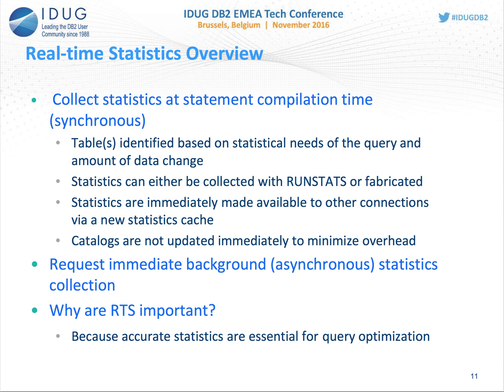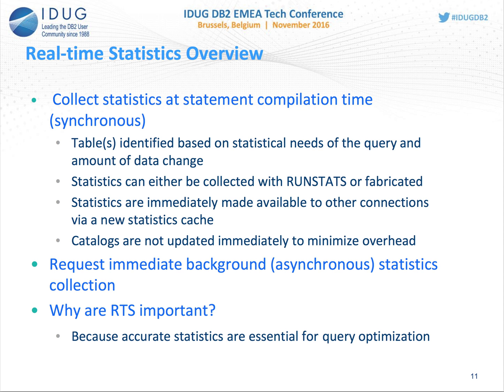We talked about how it looks at the predicates and uses of the columns in the query and determines whether that query needs distribution stats. Maybe it doesn't. For certain very simple statements, like in an OLTP system doing a primary key lookup, the optimizer can make that decision without stats, so it wouldn't drive a real-time stats in that case. Now the key thing with the real-time stats is that when it does collect the statistics, it doesn't actually write them to the catalog at that point during prepare.